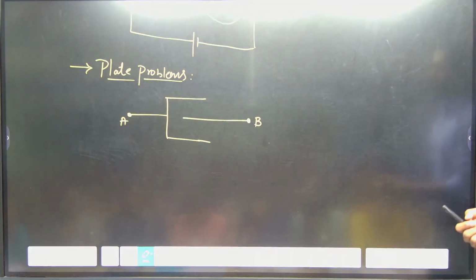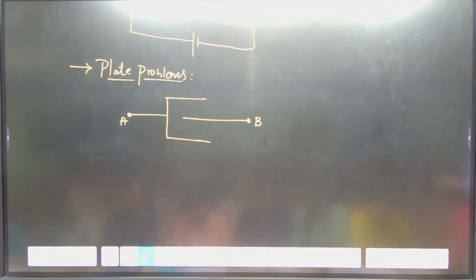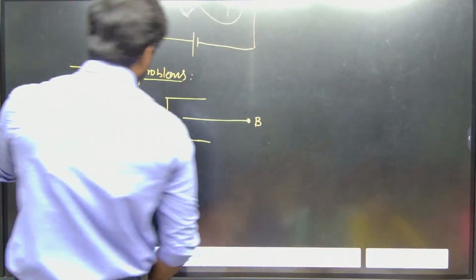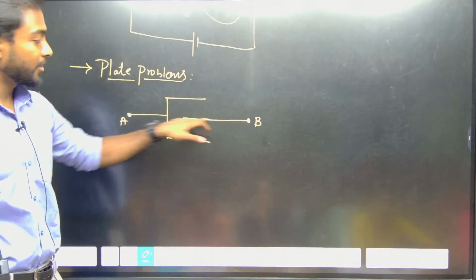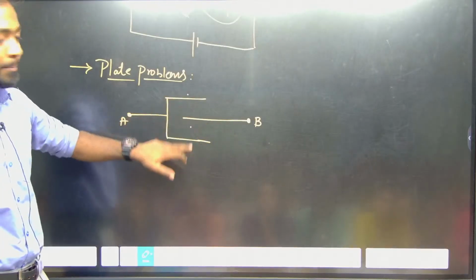Here the problem is given like this. I need to resolve it into a capacitor circuit. Okay. If I see here, this A has been connected to 2 plates and B is connected with 1 plate. Totally 3 plates are there, no? 1, 2, 3. Yes, no?